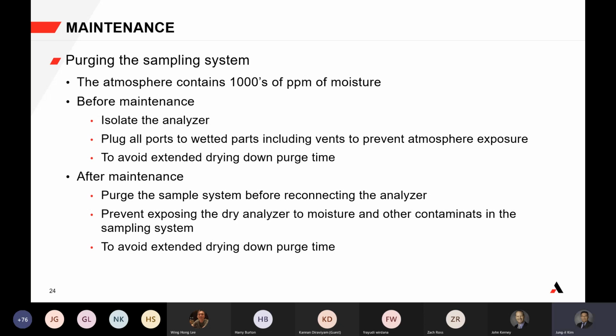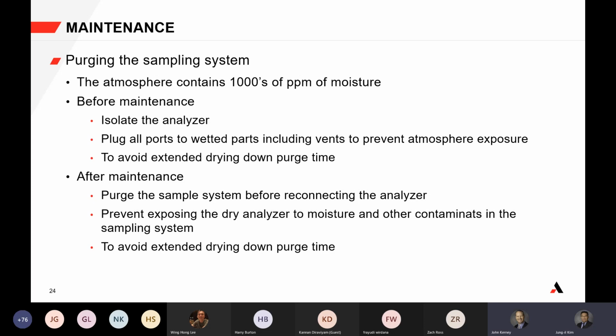I've seen some designs like that. But most analyzers do not need flow control, as long as you provide the required sample conditions, the analyzer works fine. I hope that answers the question.